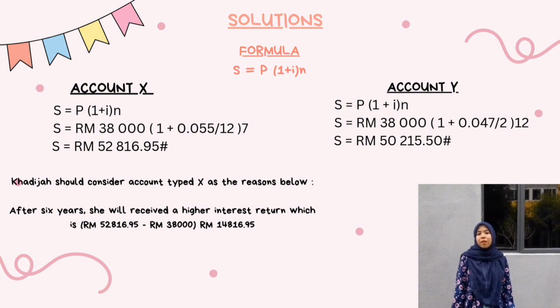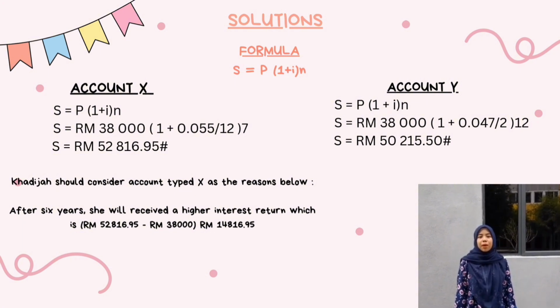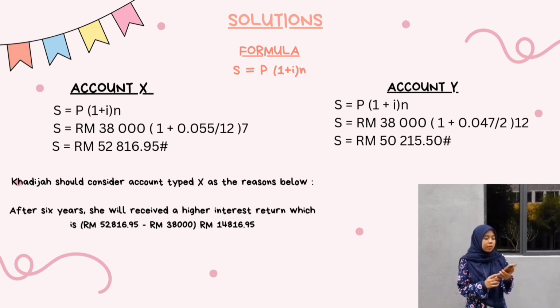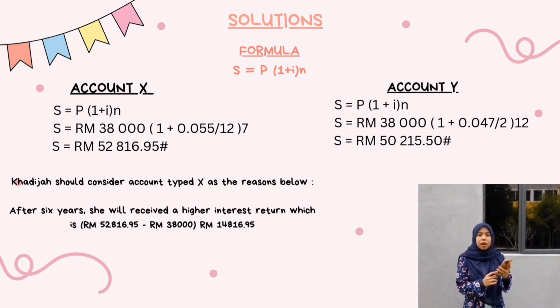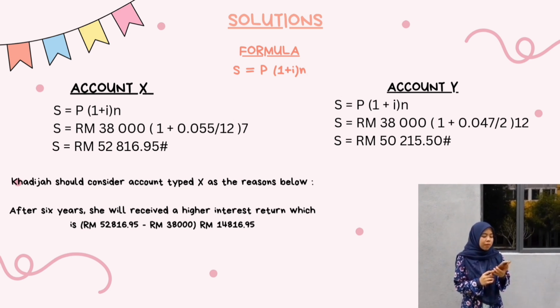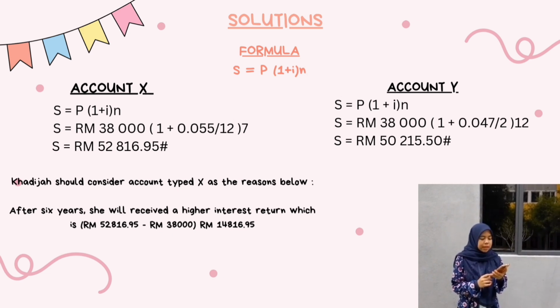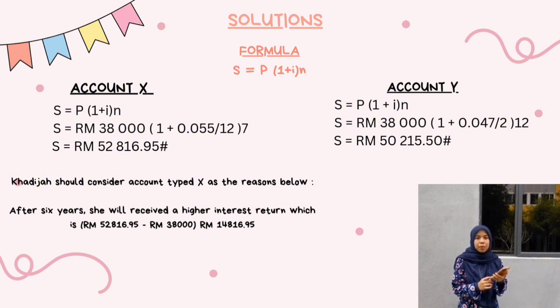Using the formula of S equal to P open bracket 1 plus i close bracket to the power of n. So for account X, S equal to 3800 open bracket 1 plus 0.055 over 12 close bracket to the power of n. So the answer we got is S equal to RM 52816.95.